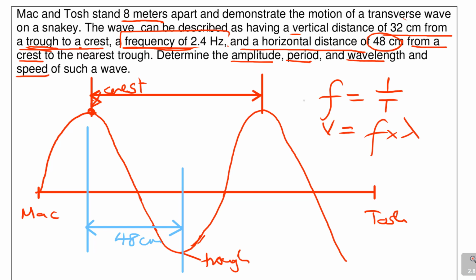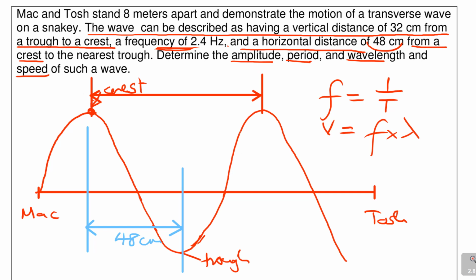Are you with me? So the first one, if they wanted to find the amplitude, is not a difficult part there. They told us the wave can be described as, there is the amplitude there, this is the amplitude. The wave can be described as having a vertical distance of 32 centimeters from trough to crest.